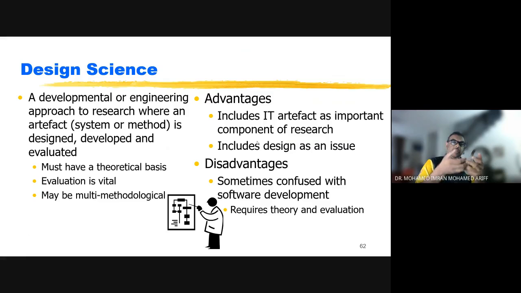Okay, dia kata bila main PS2, PS4, okay, the console tu kena macam ni, kena macam tu. Okay, so they design that, they test that. Okay, mungkin dia kata thumb tu jari perlulah mungkin kena pusing ke apa, so on so forth. Okay, so these are what we say is design science.